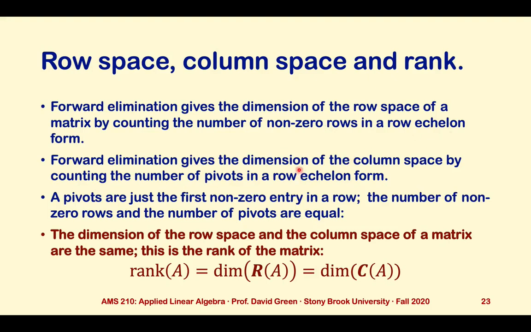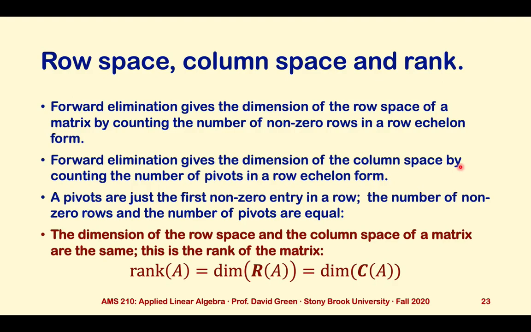We've also discussed the column space and how forward elimination can give the dimension of the column space by counting the number of pivots in a row echelon form. Pivots are, of course, simply the first non-zero entry in a row in an echelon form, which means the number of non-zero rows and the number of pivots has to be equal.